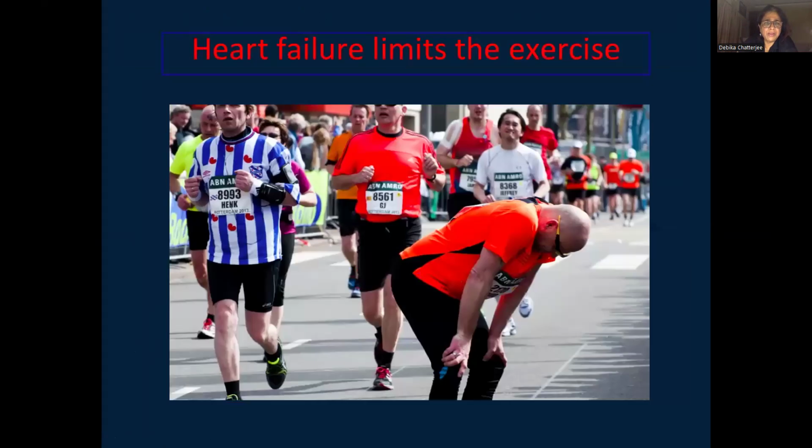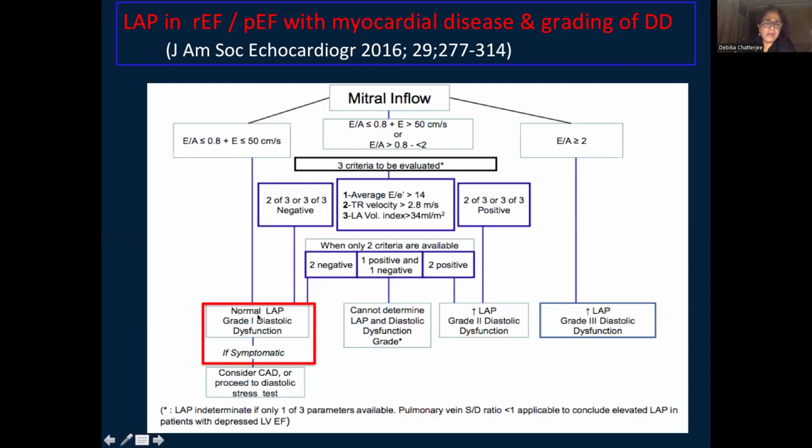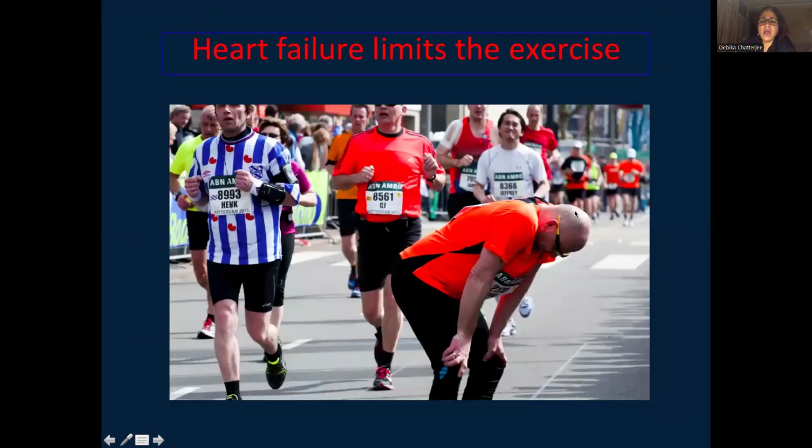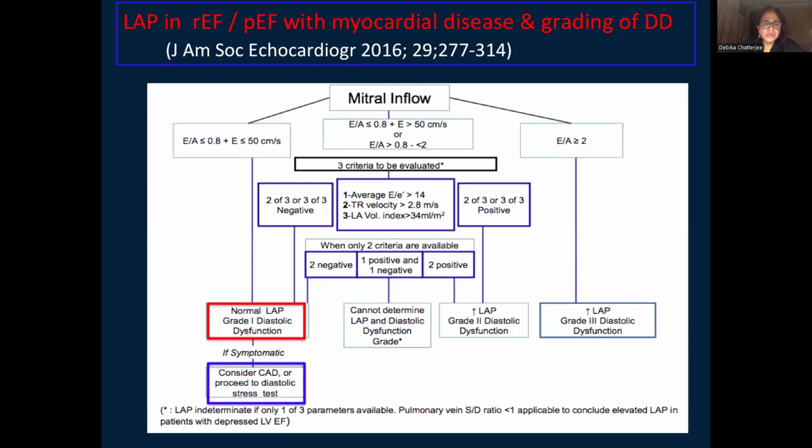But there is a certain group of patients who, in spite of being in grade 1 diastolic dysfunction, where LA pressure is supposed to be normal, go into heart failure, I mean shortness of breath, as they exercise during morning walk or evening walk. The patient cannot walk up to a certain distance. This is because the patient goes into heart failure.